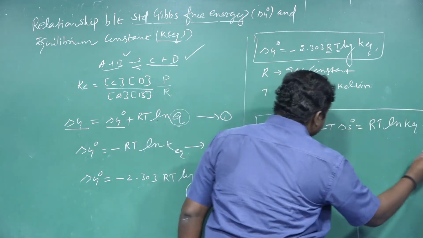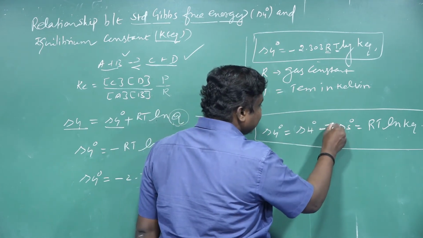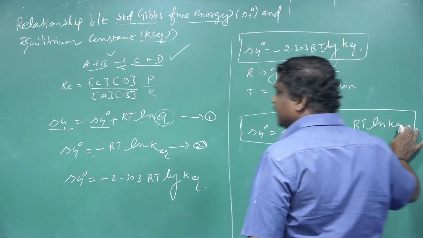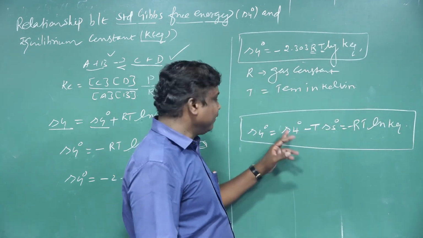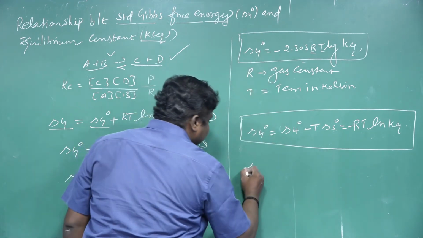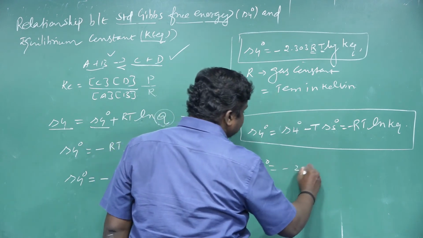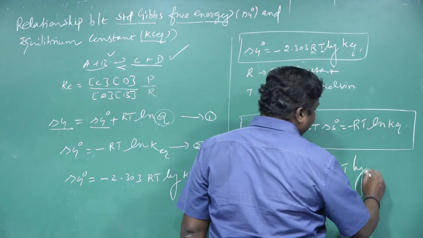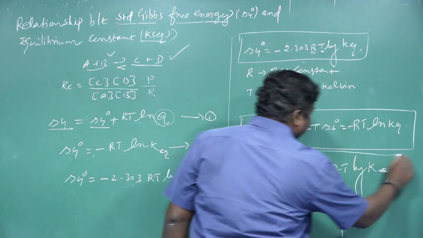Finally, del G naught equals del H minus T del S, which is negative RT ln K equilibrium. So the standard Gibbs free energy, del G naught, equals minus 2.303 RT log of K equilibrium.